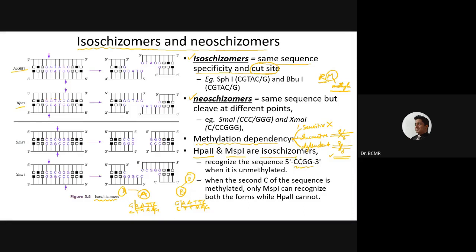This is the first C and this one is the second C. You will have the other ones on the complementary strand also, first and second. If the second C of the sequence is methylated, MspI can cleave it, but HpaII cannot. So these kinds of little variations are also there.